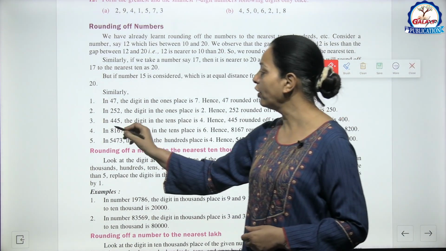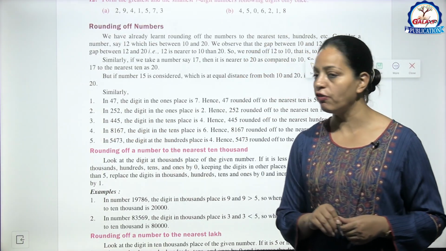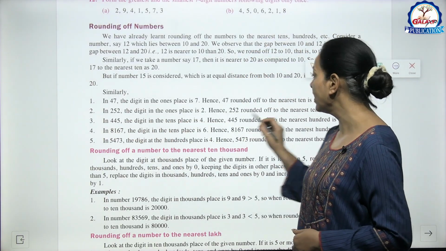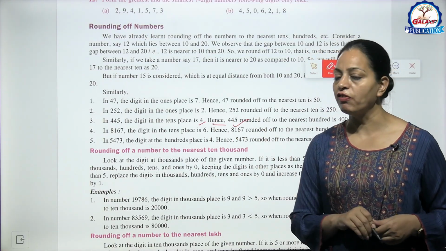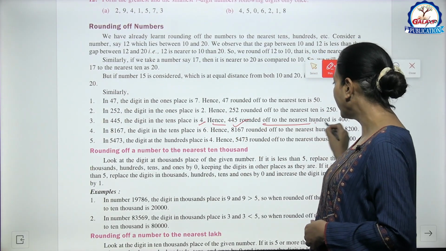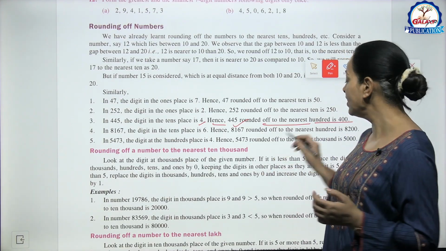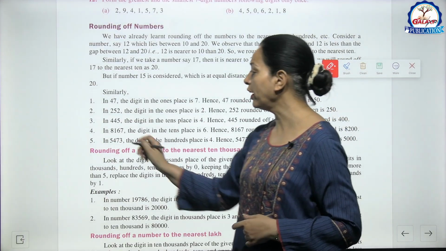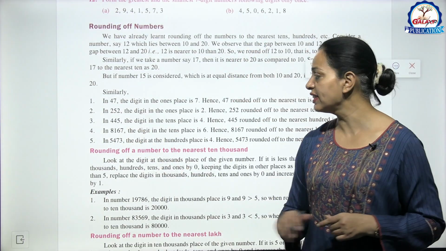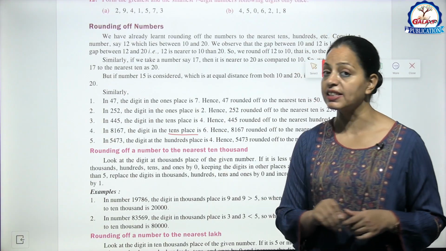Now next point 3. In 445, the digit in the tens place is 4. Hence 445 rounded off to the nearest 100 is 400. Okay. Now fourth point, in 8167, the digit in the tens place is 6.